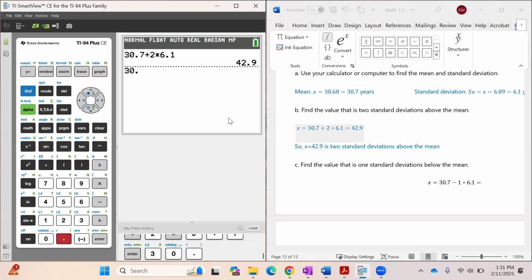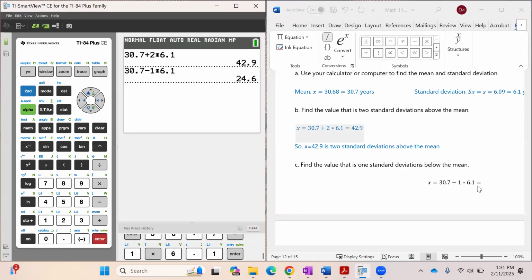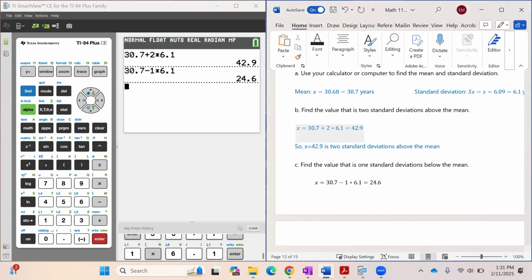So 30.7 minus 1 times 6.1. That comes out to 24.6. So let's type that in. 24.6. And so x equals 24.6 is 1 standard deviation below the mean.